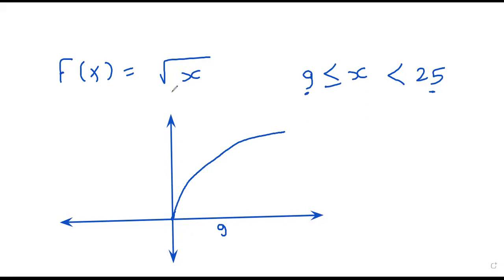Substituting in, the square root of 9 is 3. When x equals 9, the value of y is 3. And x is less than 25. So let's find the square root of 25. The square root of 25 is 5.